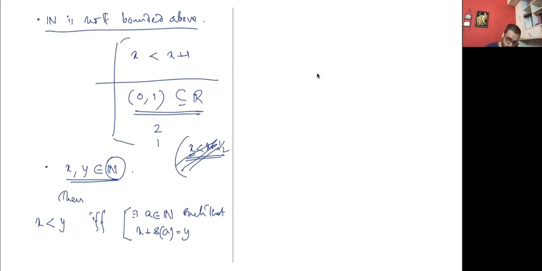But N has this property that for two elements of N, there will be strict inequality between the two if and only if this happens: there is a third element such that when you add S of something to the smaller one, you get the bigger one. Then x is less than y.